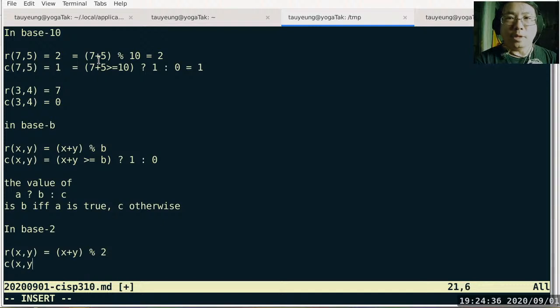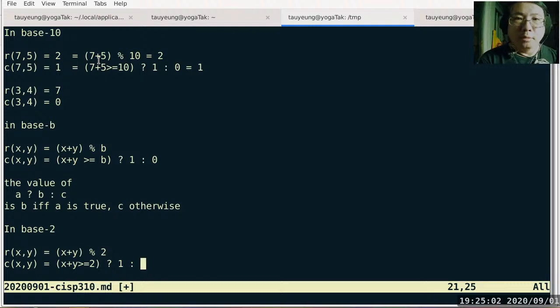And then C x y is kind of the same thing: x plus y is greater than or equal to 2, because our base is 2 in this case, question mark 1 colon 0. That's really not surprising, because all we did was replace lowercase b with a literal value of 2, because now we are focusing on base 2.